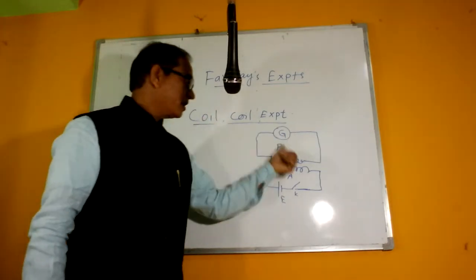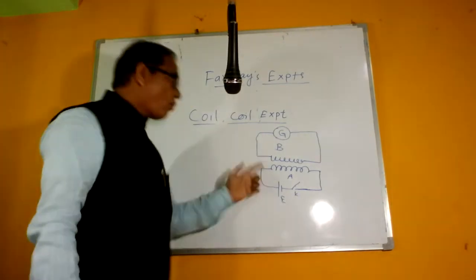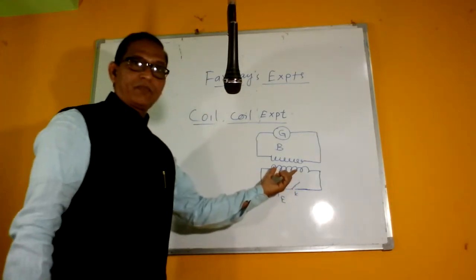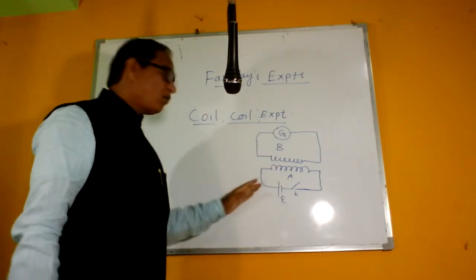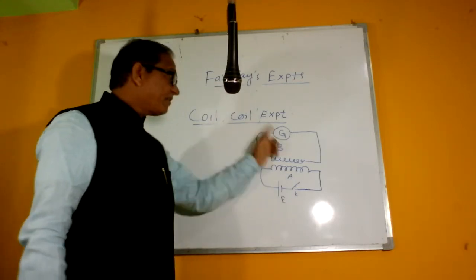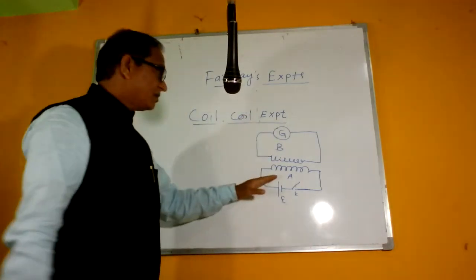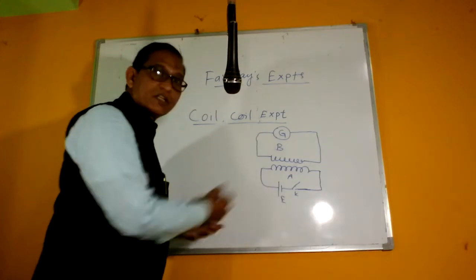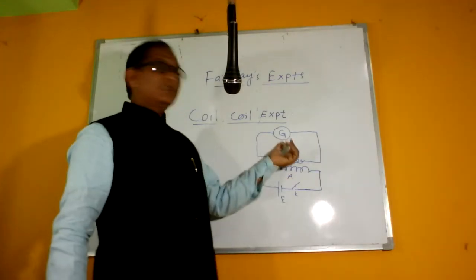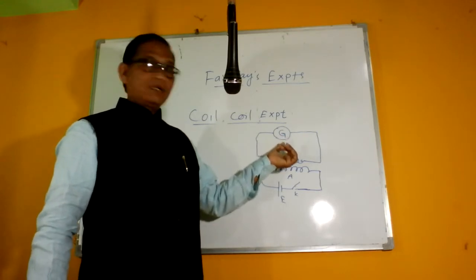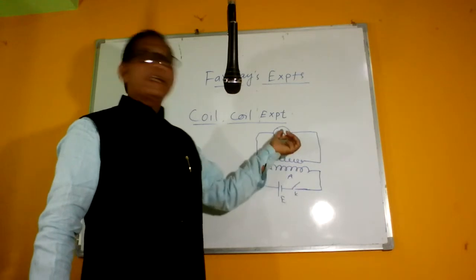So while making the circuit, there is a deflection in the galvanometer, and while breaking the circuit, there is a deflection in the galvanometer, but in opposite sense. As the current is increasing, the EMF is increased continuously, but with a further steady increase, we will not find any deflection.